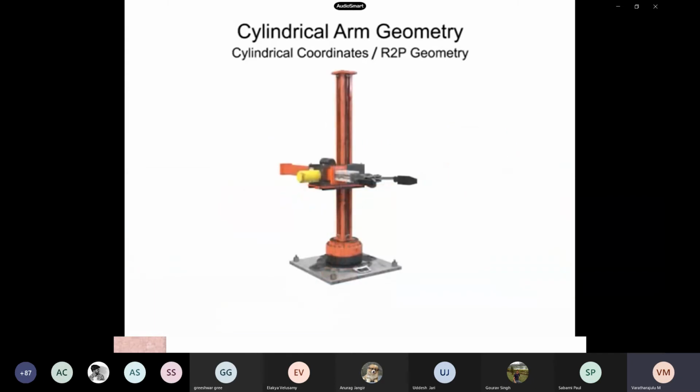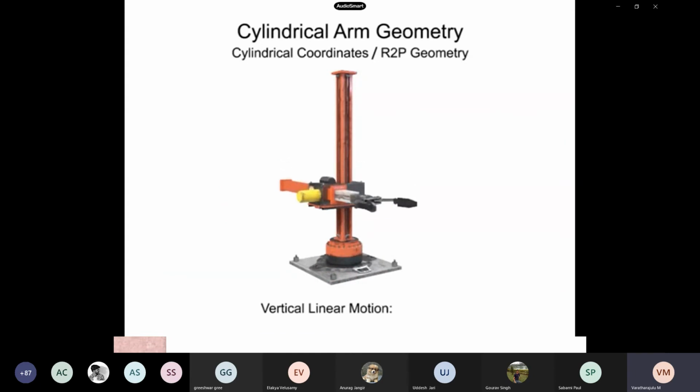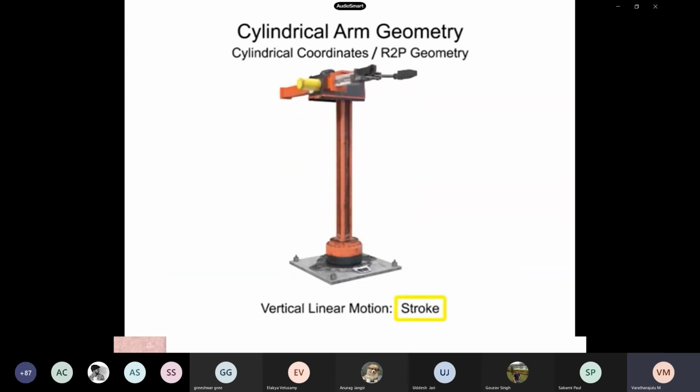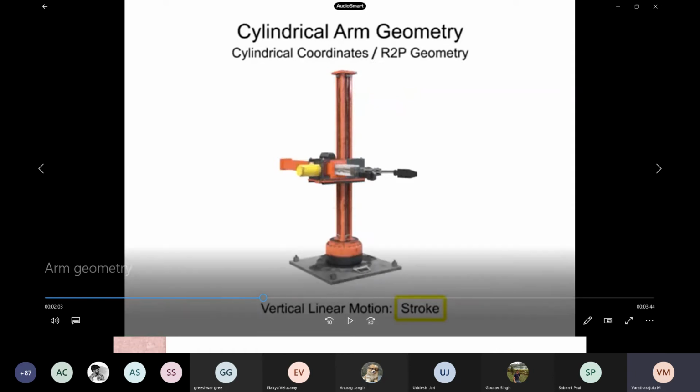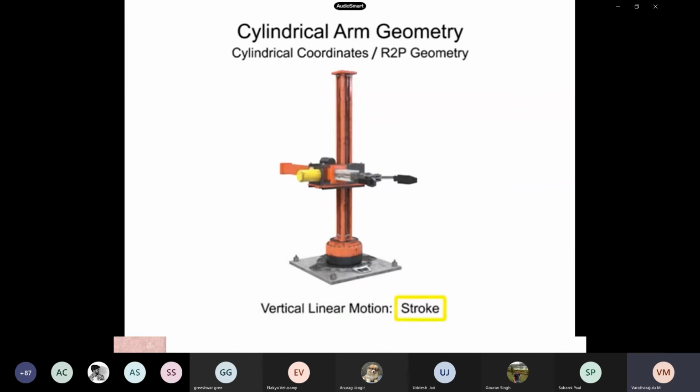Robotic arms with cylindrical geometry move linearly in two directions. Vertical linear motion is called stroke. Please remember this also.